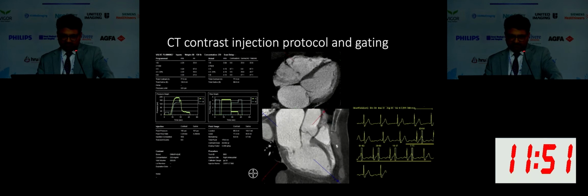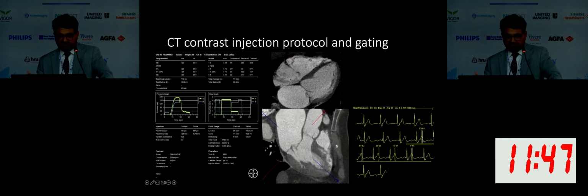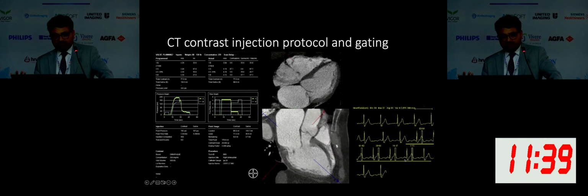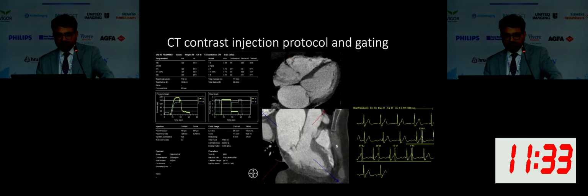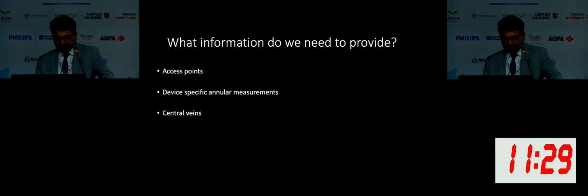If we give a mix of 50%, then right heart opacification is also great. And we do a retrospectively gated scan with no pulsing, because for aortic you can do systole only, but for mitral and all the other valves, we need measurements of both systole and diastole. So functional images are necessary.